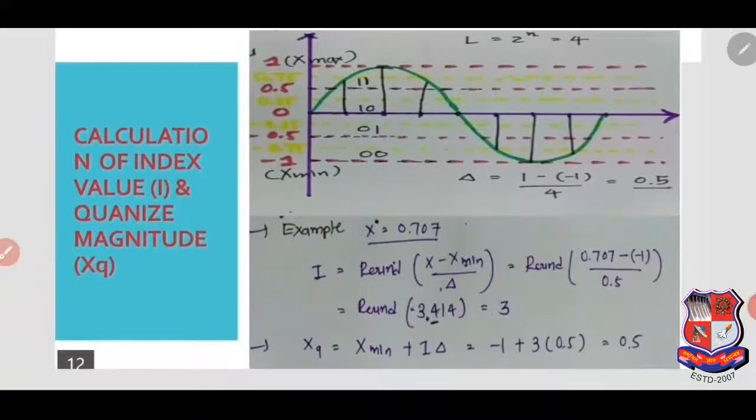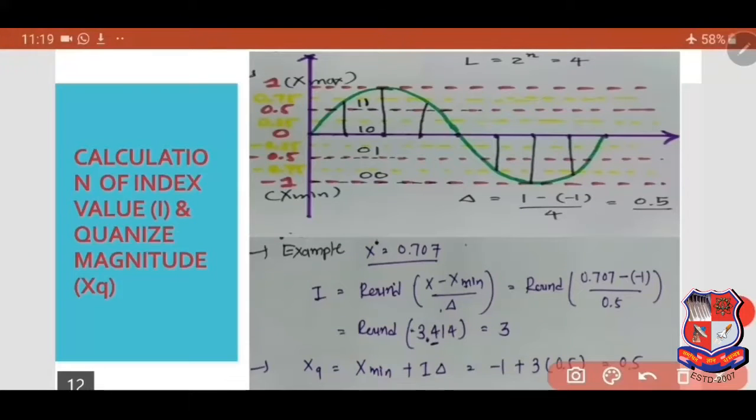Okay, let's see this slide. This is just taking the example which I already showed you, that is for x equal to 0.707, this sampled value, and this value I put in the equation of the index value, and I will get the index value 3. For xq, the answer we will get is 0.5.